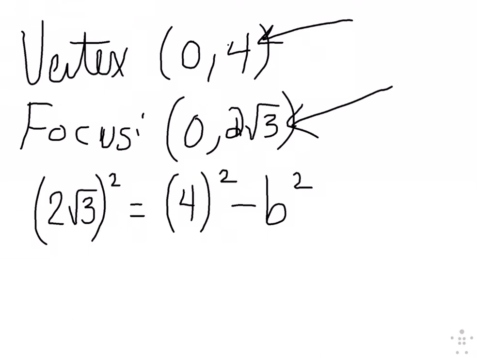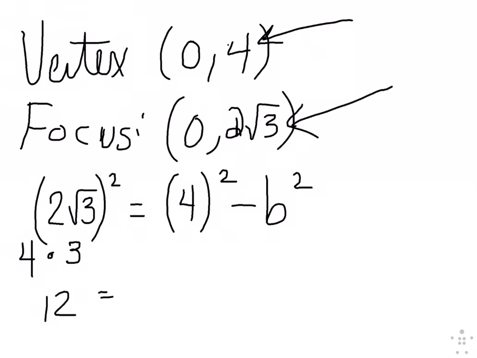So does anybody know what 2 root 3 squared is? When you square that, square the 2 first. So what's 2 squared? 4. Then you square the square root of 3 squared. What's the square root of 3 squared? 3. And what's 4 times 3? 12.